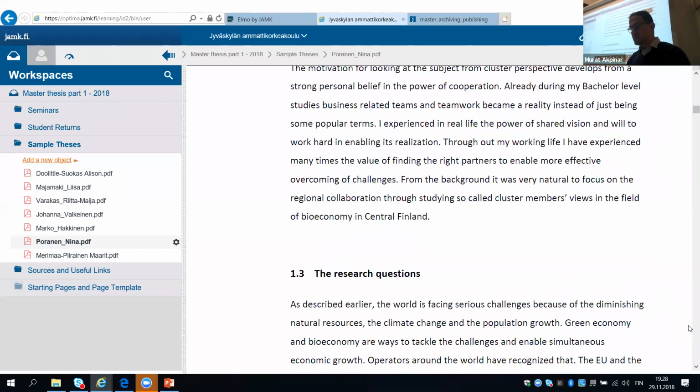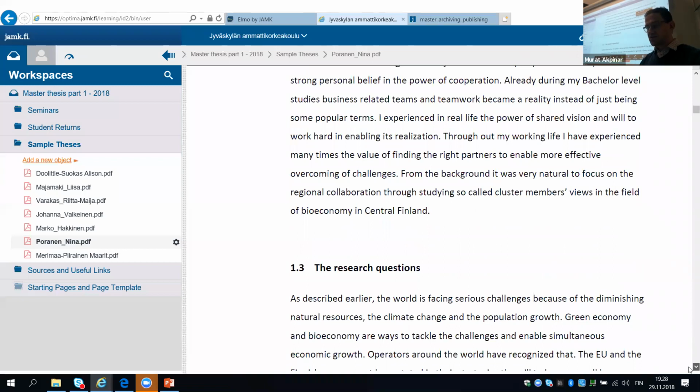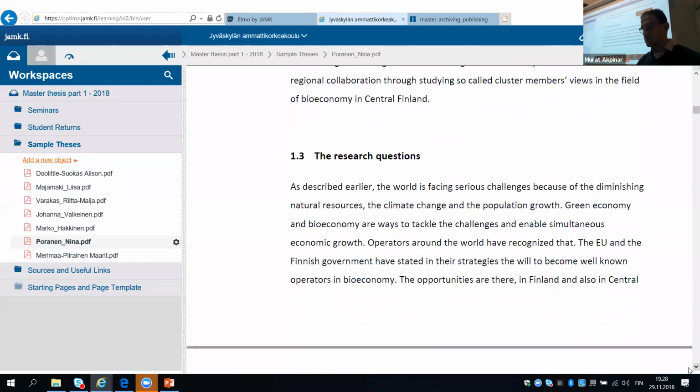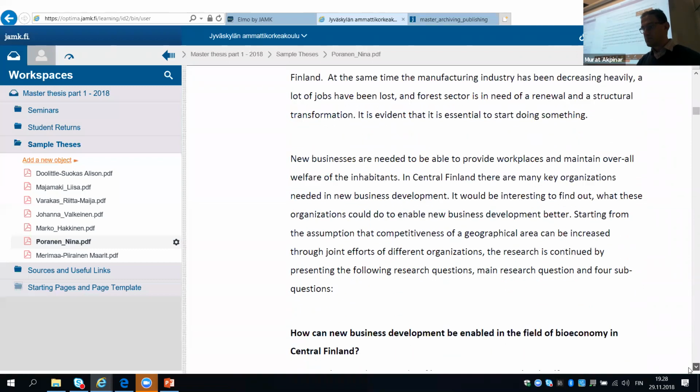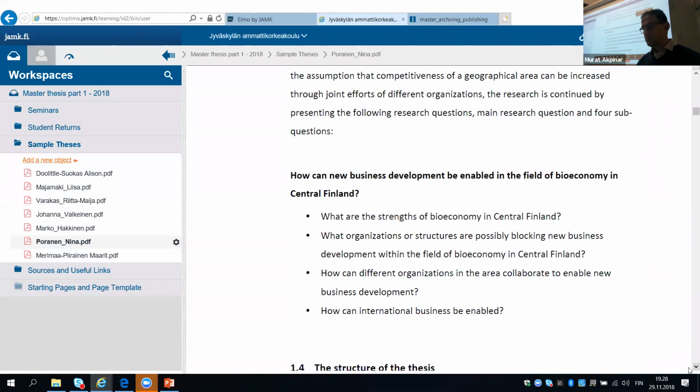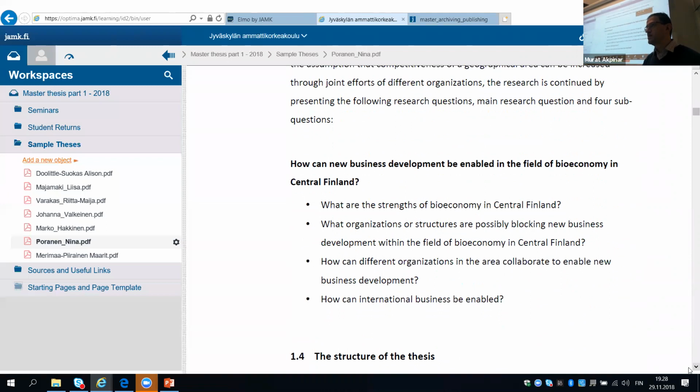And then comes the research questions. You remember this, right? We discussed this already earlier. Too many sub-questions. So has the topic been delineated well?